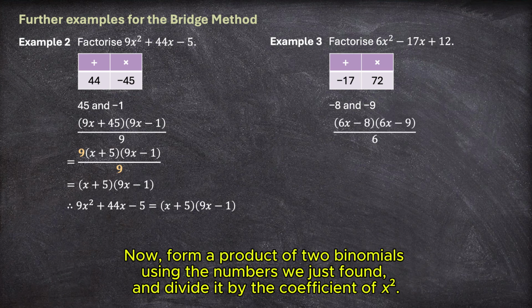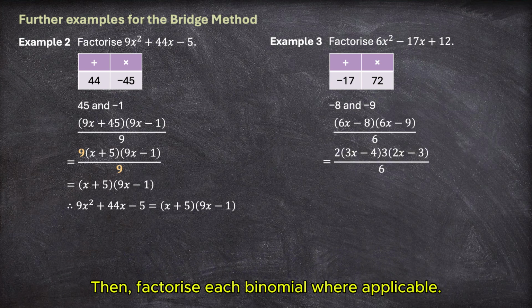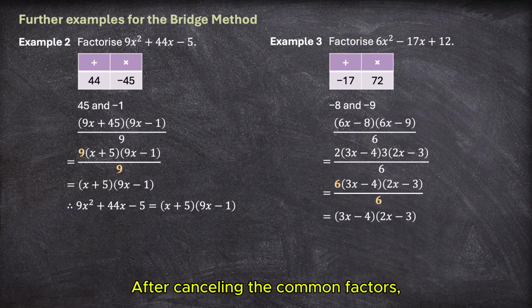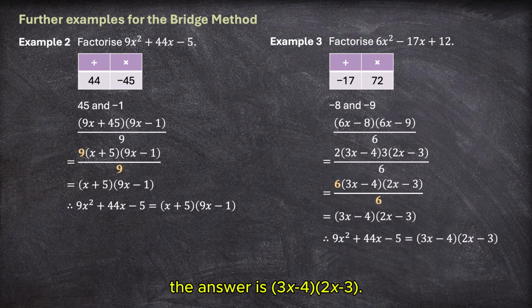Now, form a product of two binomials using the numbers we just found, and divide it by the coefficient of x squared. Then, factorize each binomial where applicable. Next, simplify the numerator by multiplying 2 and 3. After canceling the common factors, the answer is (3x - 4)(2x - 3).